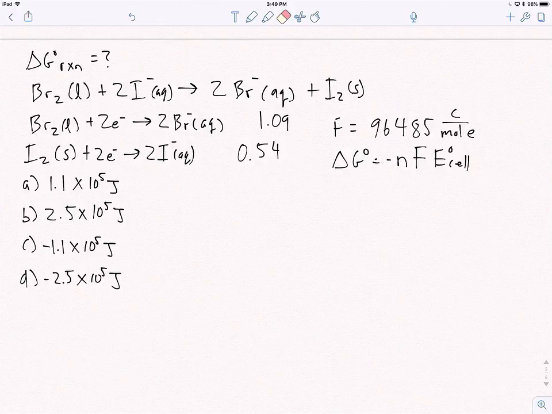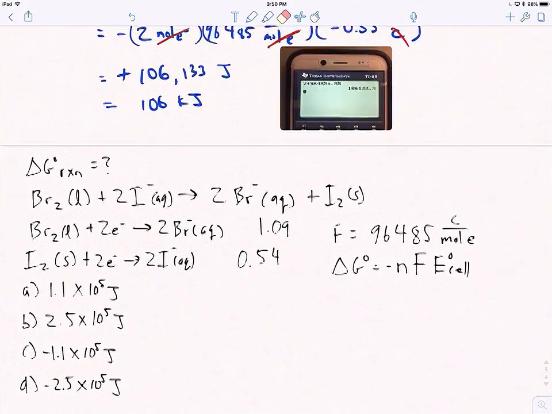Are there any questions? All right, so how many people think A, 1.1 times 10 to the 5 joules? How many think B? How many think C? How many think D? Okay, 2 people going for C and no more answers. I'm going to come around, see where you guys are at.